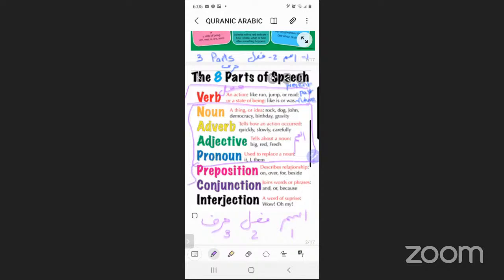And this, more or less, prepositions, conjunctions, these are harf. So these are harf. Verb is a fi'l, and ism are nouns, pronouns, adjective, adverb, etc. So this is how it is in Arabic.